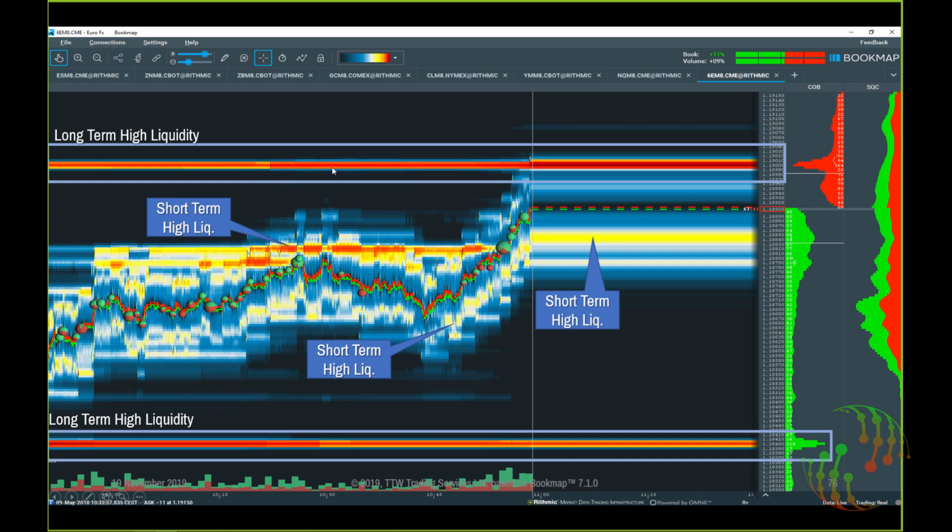This is the euro US dollar. Long-term high liquidity sitting here. A wonderful indication of what the market is probably going to do. And they are adding liquidity. They are adding bid support, bid support, bid support, until they hit this level here.